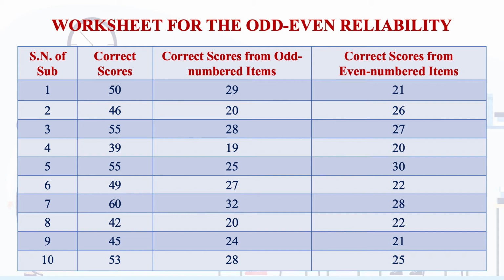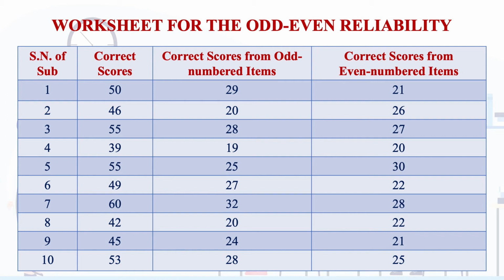So how to do it? Certain techniques you have to follow. One technique is splitting the whole test into two by using odd items on one side and even items on the other side. This can also be done by other techniques, just like the first 50 items, that is from serial number 1 to 50.